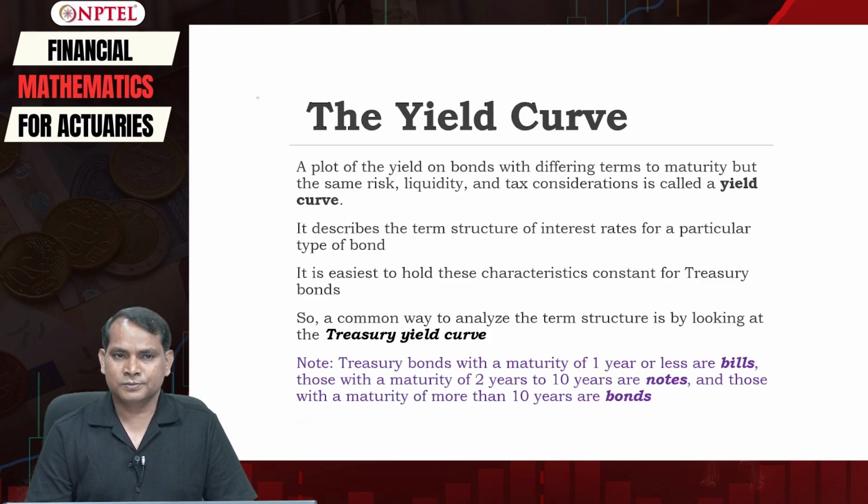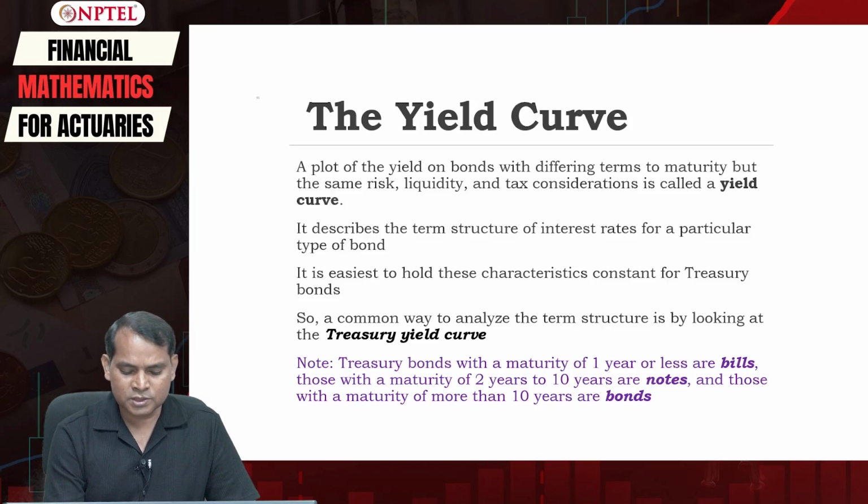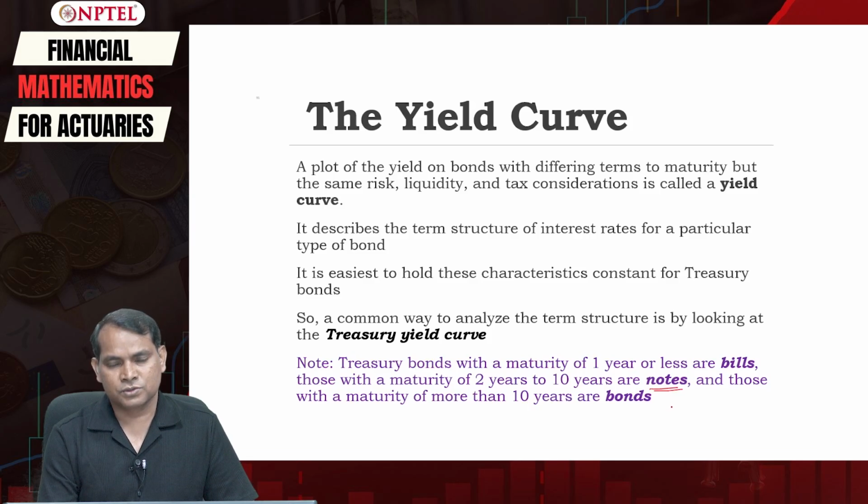For your curiosity, note that treasury securities with a maturity of 1 year or less are commonly known as treasury bills, those that mature between 2 years and 10 years are known as notes, and debt instruments with maturity of more than 10 years are known as bonds.